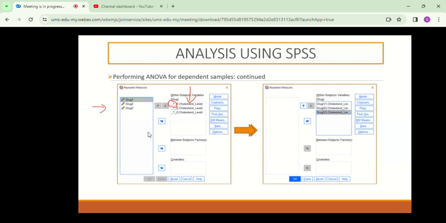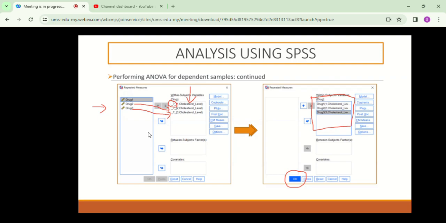Then when I click drug 2, it will go to the second question mark. And then when I click drug 3, it will go to the third question mark. And it becomes like this. And then click OK.